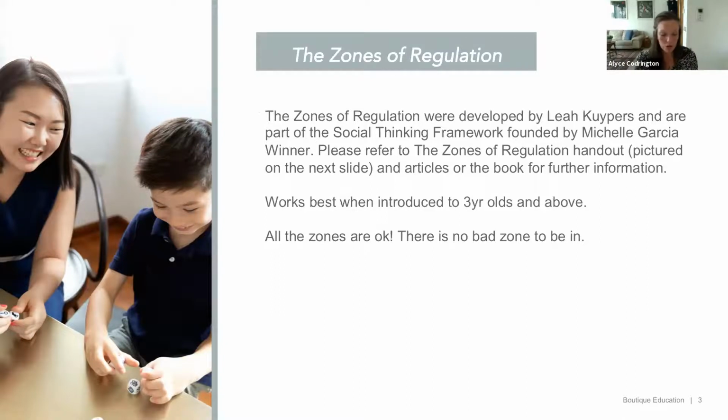Now, a lot of you may have heard of Social Thinking before. It comes out of the States. It's been around for about 20 years now, and it's got a lot of good research behind it as a really well-founded framework for working with children within the social dynamics and the social difficulties that come up as children age.